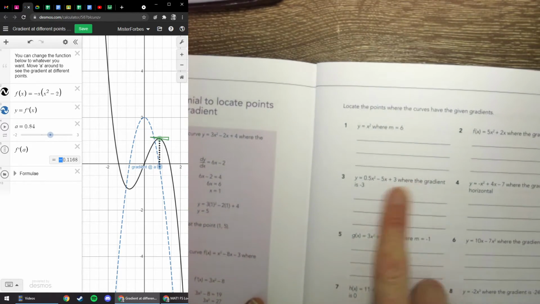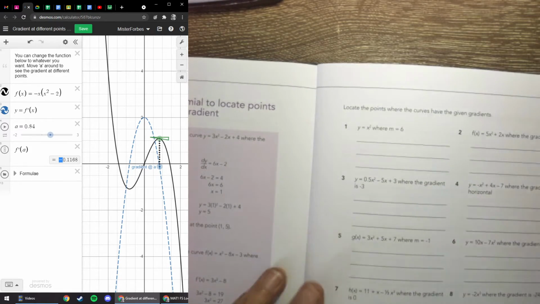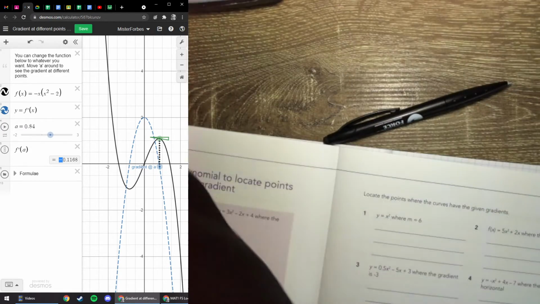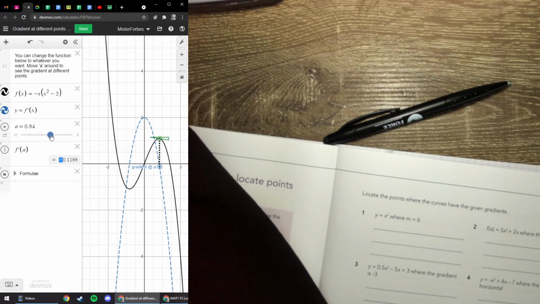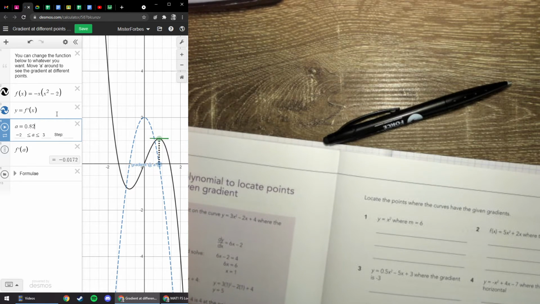Now, let's see if there's any questions that you might get caught up on. Where the gradient is negative 3, where the gradient is horizontal. What does it mean to be horizontal? Well, let's move this until it's horizontal. Not quite horizontal. Ooh, nearly.